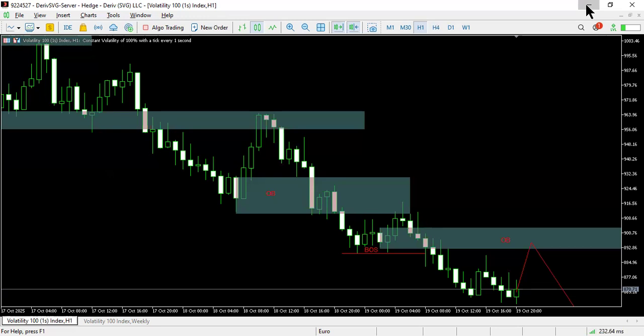Let me quickly remove this, which is blocking my view of my charts.